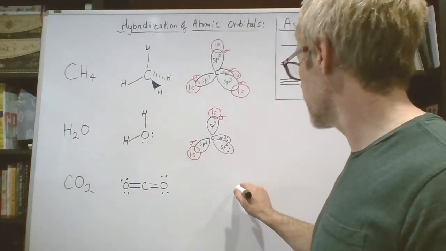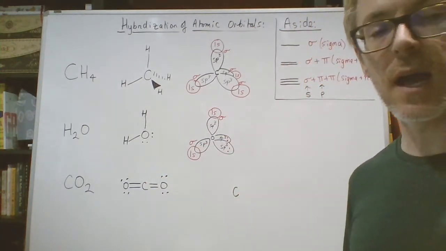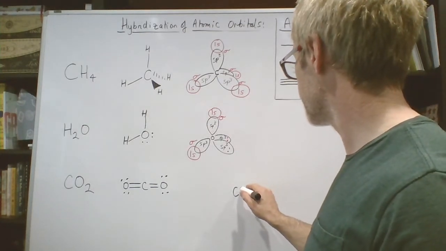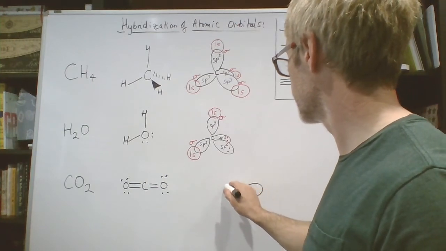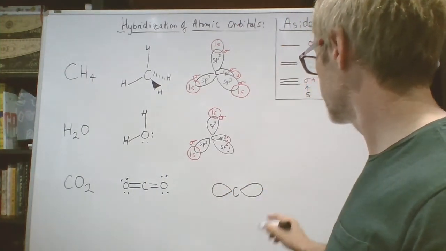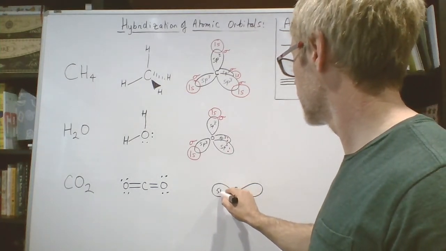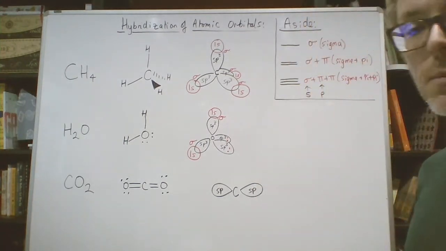But we've got the carbon in the middle, and we said that this was sp hybridized because it was linear. So we can have an sp hybrid here, sp hybrid here. So there are hybrid orbitals.